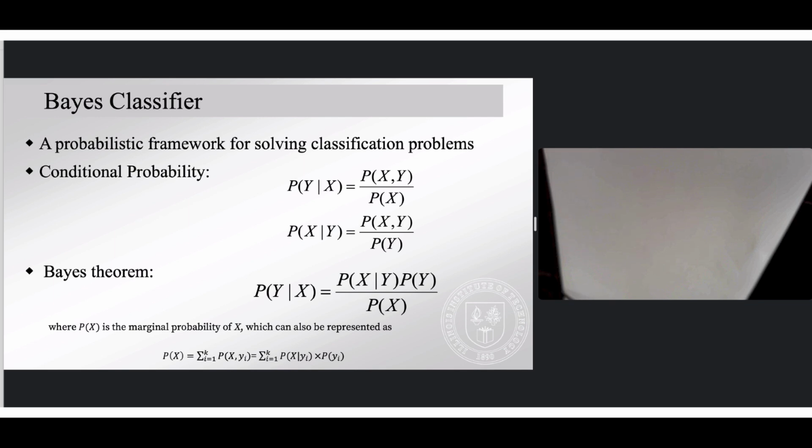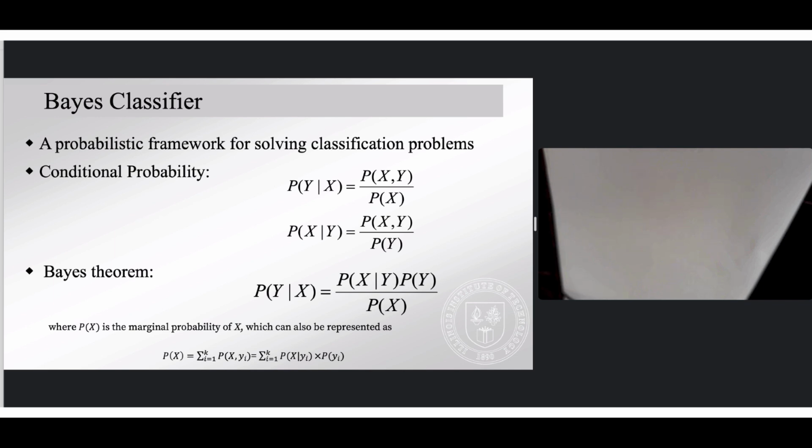So what we try to do in this chapter is present a different technique or approach for modeling the probabilistic relationship between the attribute set and the class label. We're going to focus on something called Bayesian classification, which is a probabilistic approach that utilizes probability theory to make predictions.